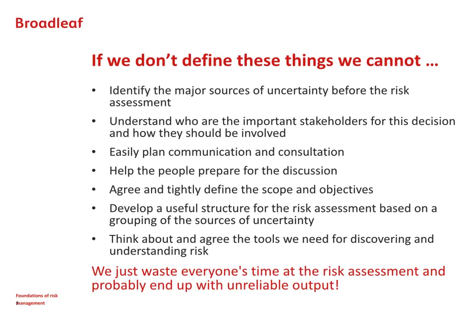And because of that, it's not easy to plan communication and consultation, and invariably people either get left out or are told too late. We also need to prepare people for the subsequent discussions, whether they're in a workshop or a meeting, about risk. And we need to give them some briefing beforehand so that they're prepared.